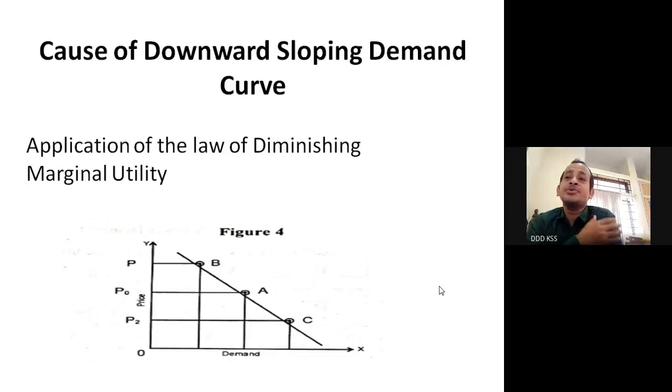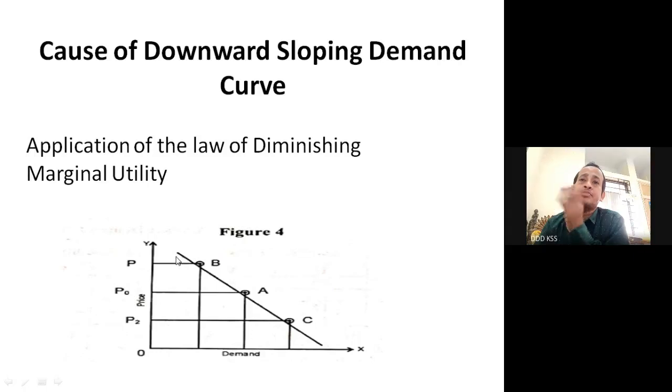So first we'll start with the cause. Cause means reason of the downward sloping demand curve. Why does the demand curve slope downward? As you can see in the graph, this is the demand curve.